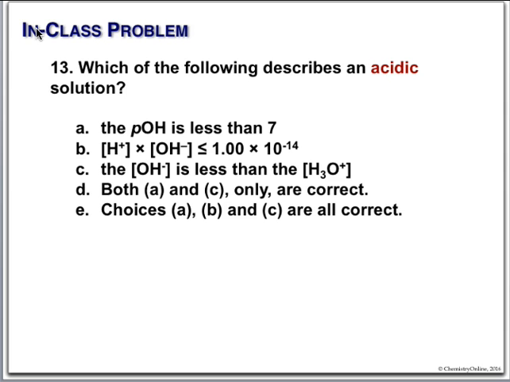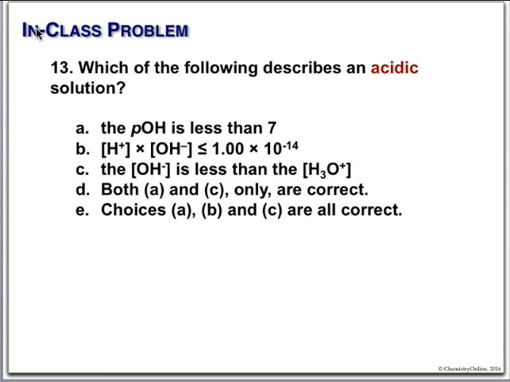All right, which of these is an acidic solution? The pOH is less than 7. Now remember, pOH plus pH is always 14, isn't it?